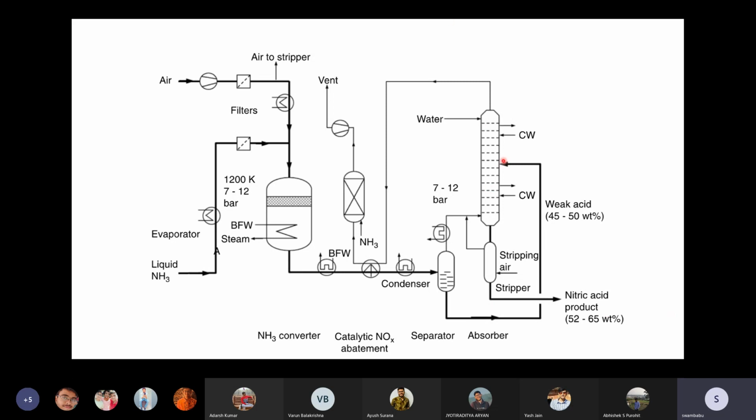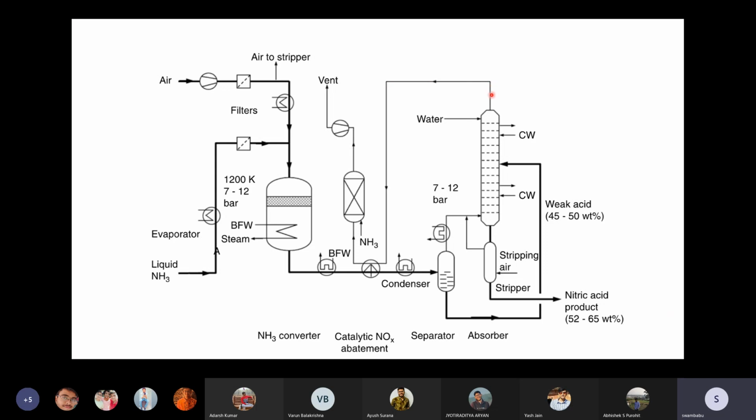Now here, we can never say the reaction, the oxidation, will 100% happen. Some unreacted NOx, that could be NO or NO2 or any other forms of nitrogen oxide, will come out.